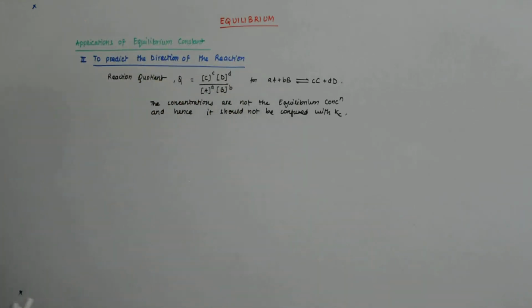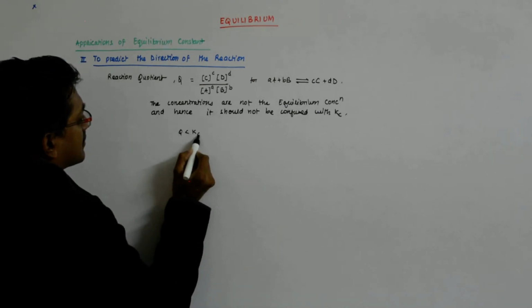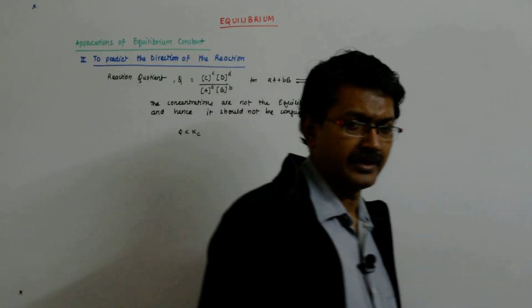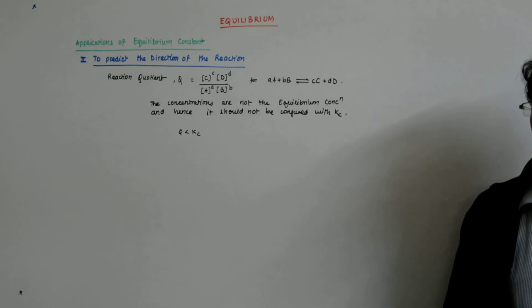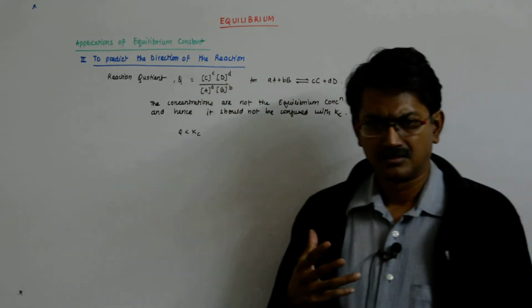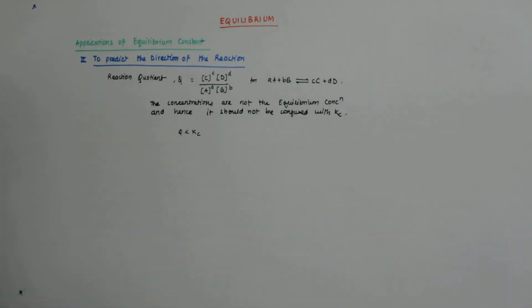So what happens if you find that Q is less than Kc? Suppose you have sampled and, using the concentrations at that point, you see that it is less than Kc.